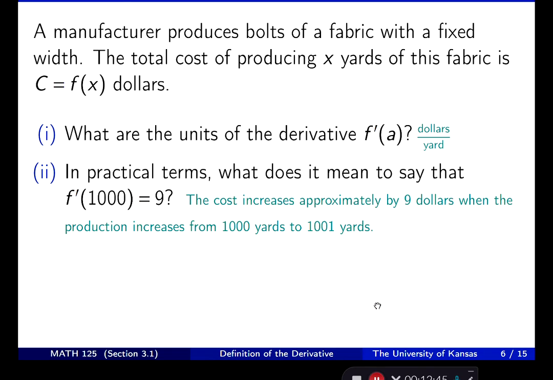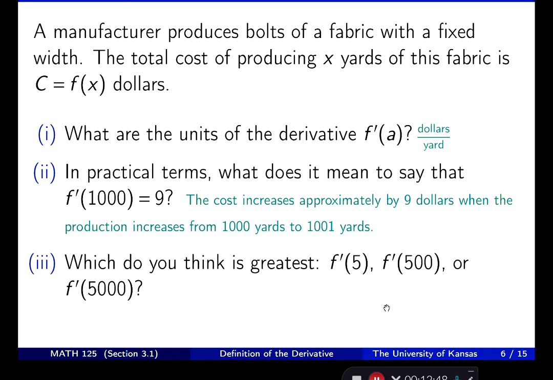So the next part is asking, which do you think is greatest? f prime of 5, f prime of 500, or f prime of 5000? If you notice, according to the second part, one way of explaining this is that f prime at 5, f prime at 500 is how the price is changing if you produce one more yard.